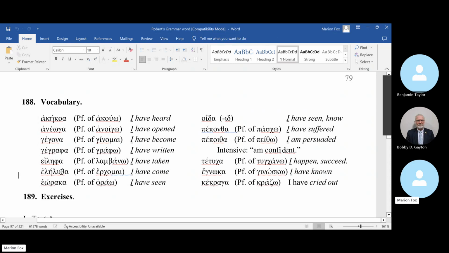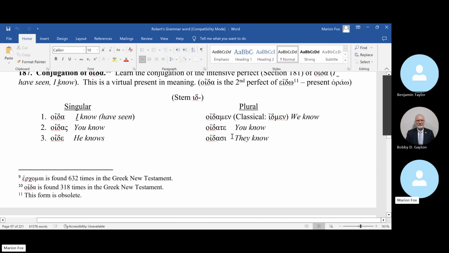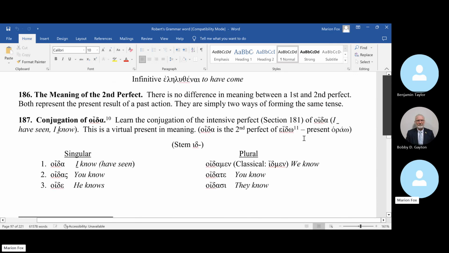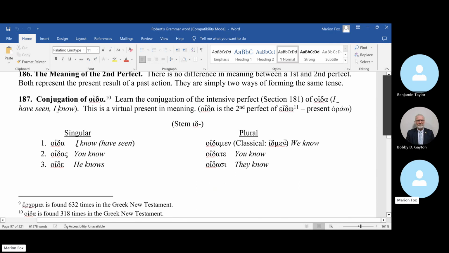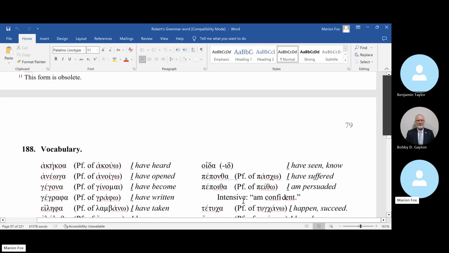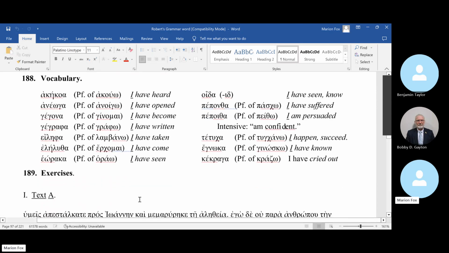Erchomai, we've already looked at it. Horao, we've looked at it. And then oida, I have seen. And that is from, as we said right up here, let me see. Yeah, right here it is, from horao. So this is a form of horao, oida, I have seen. So that's the perfect form of it. It's an older form.